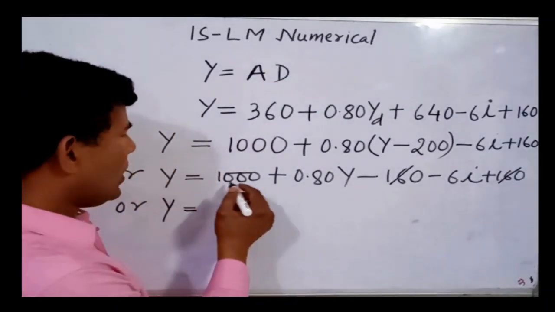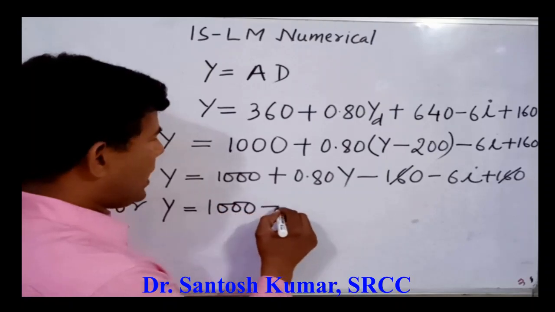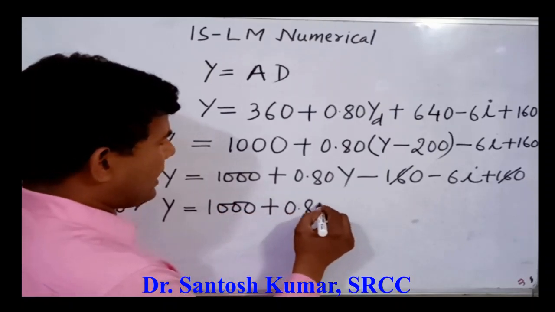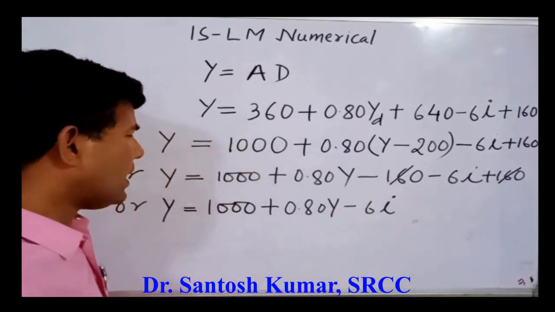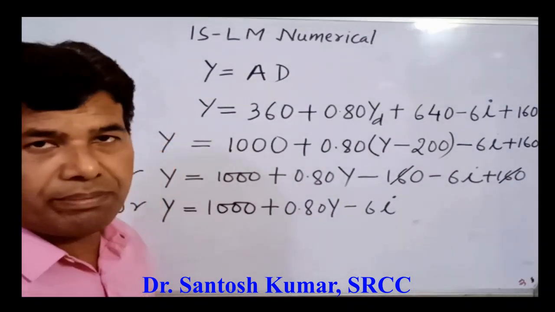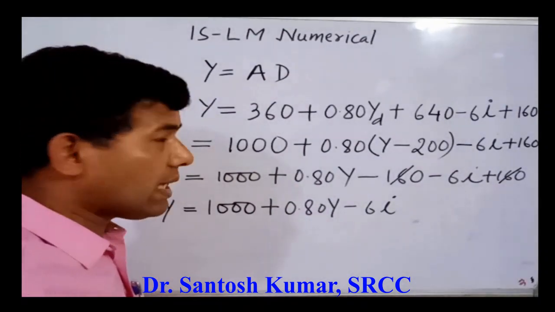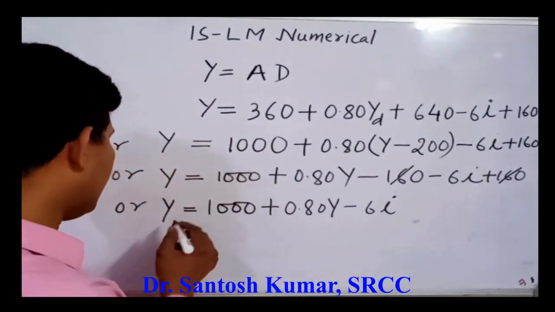So we are left with 1000 plus 0.80Y minus 6I, right? Now we need to calculate the equilibrium level of income, and we will end up deriving the IS equation, right? If I take Y to the left hand side, what do I get?